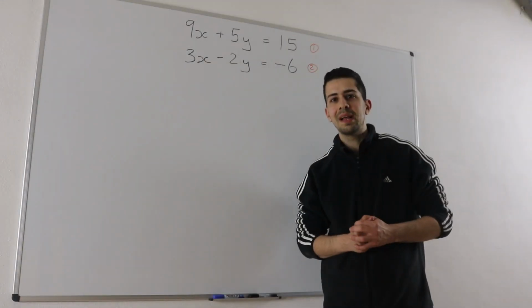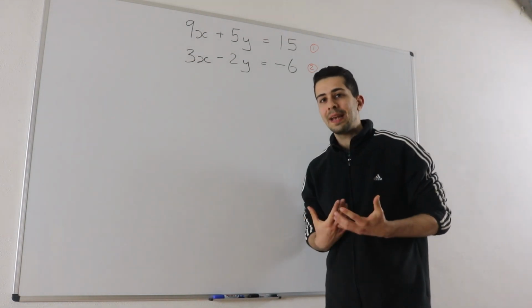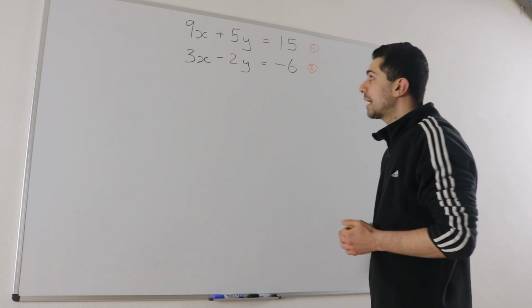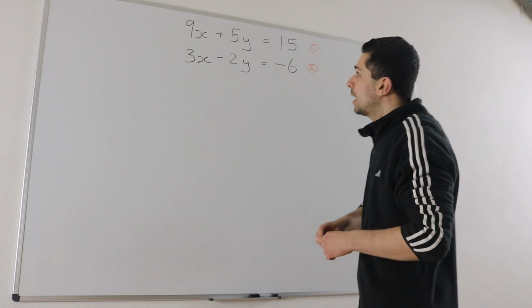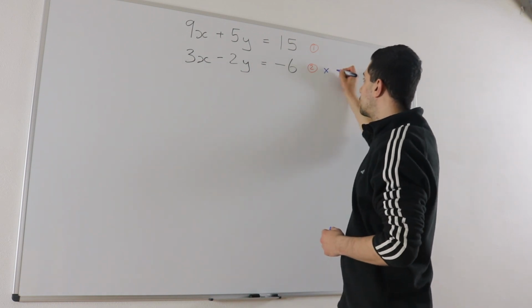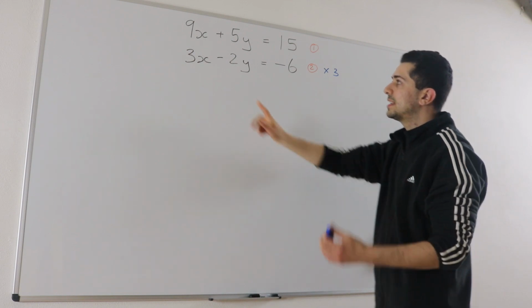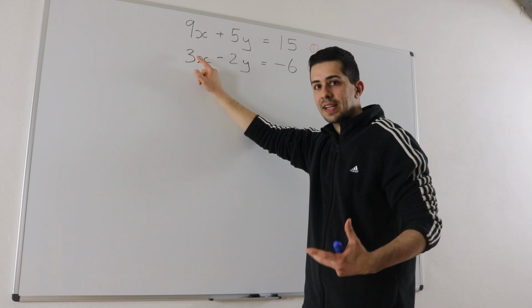Now we have another problem, let's work it out. So in this case, I am also going to eliminate one of the variables. This time I'm going to choose to eliminate the x. Why? Because I can simply multiply equation number 2 by 3, and that will give me 9x over here, which is what I want.